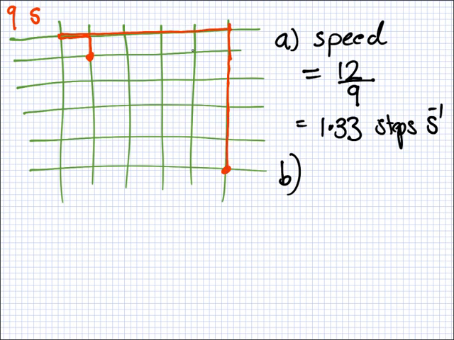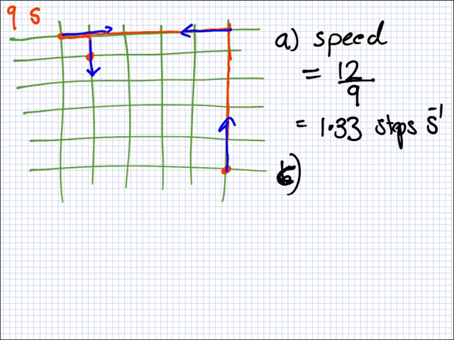I don't really know their length, so I'll keep it with that. 1, 2, 3, 4. They're his 4 velocities. So first he's walking north, then he's walking west, then he's walking east, then he's walking south. Okay, that's B taken care of.